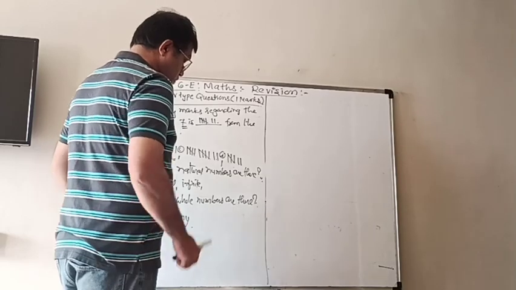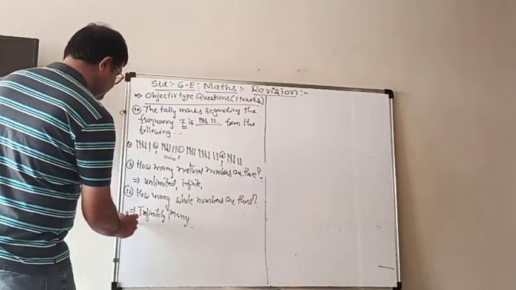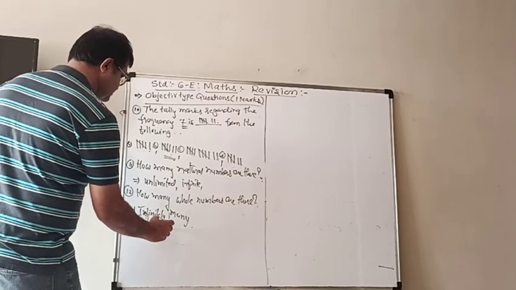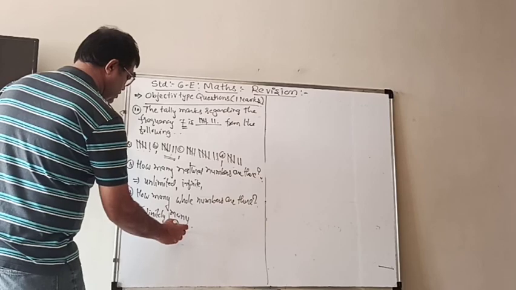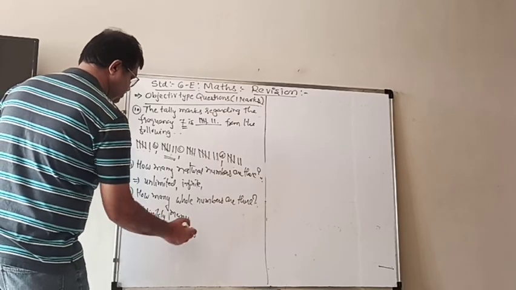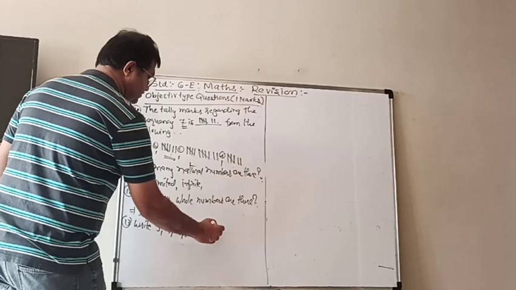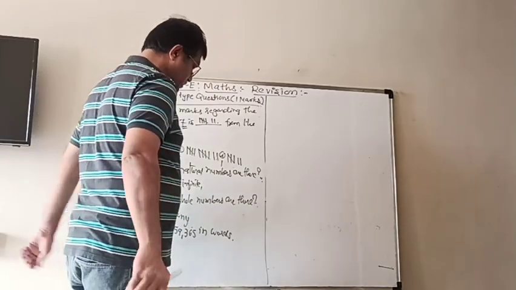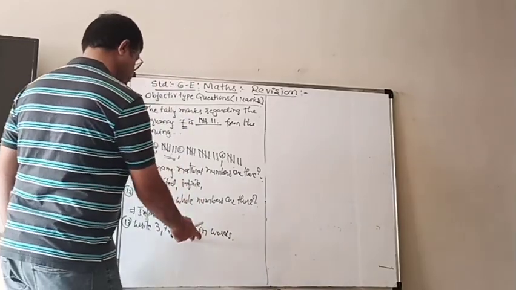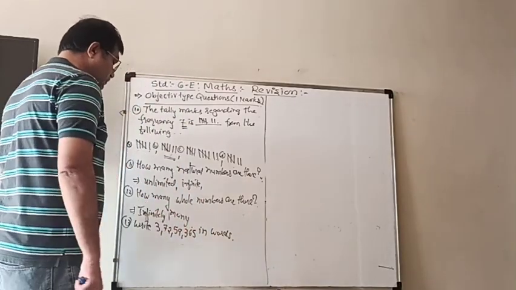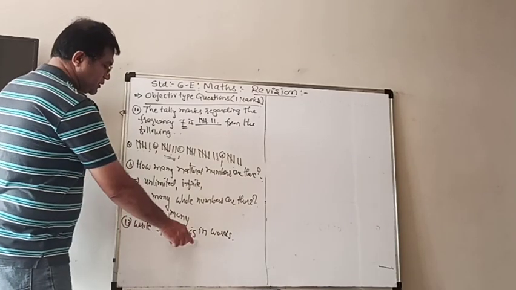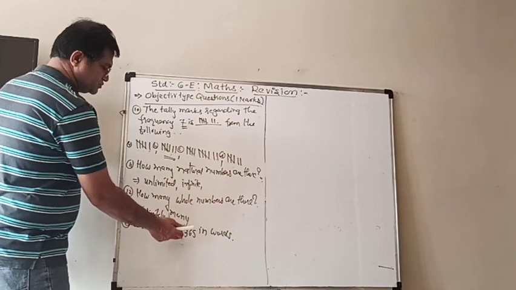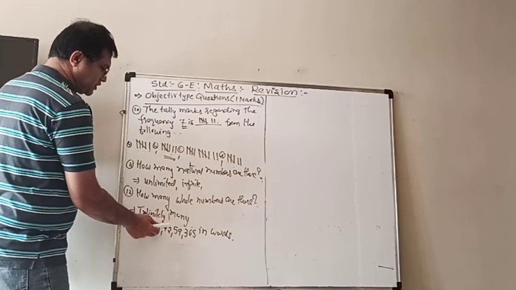Now, another one. Write 37259 in words. This number we have to write down in words. So now you can see that, check the place: unit digit, tens digit, hundreds, thousand, 10,000, lakh, 10 lakh and crore.